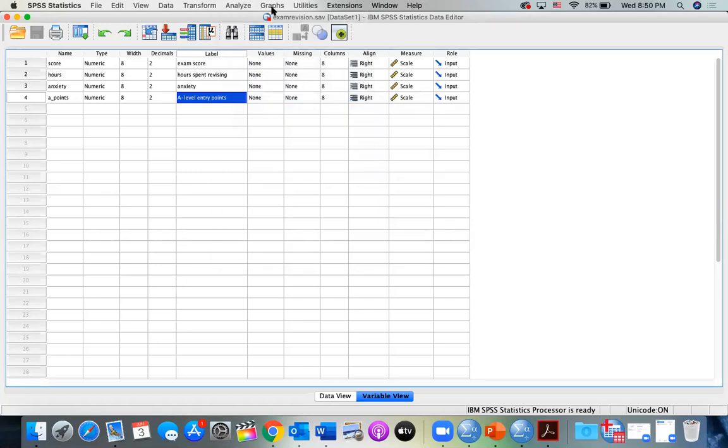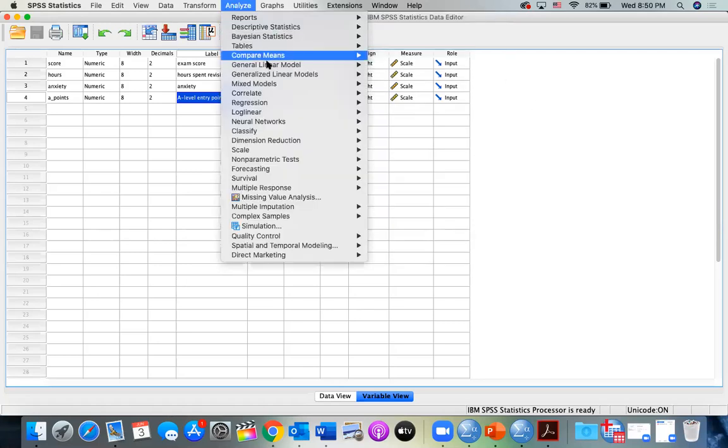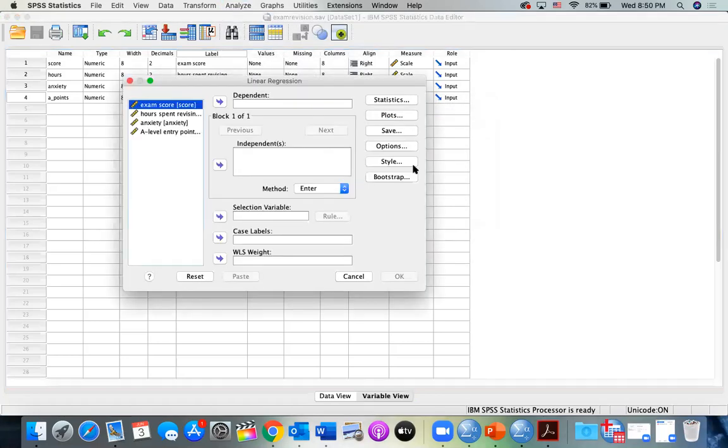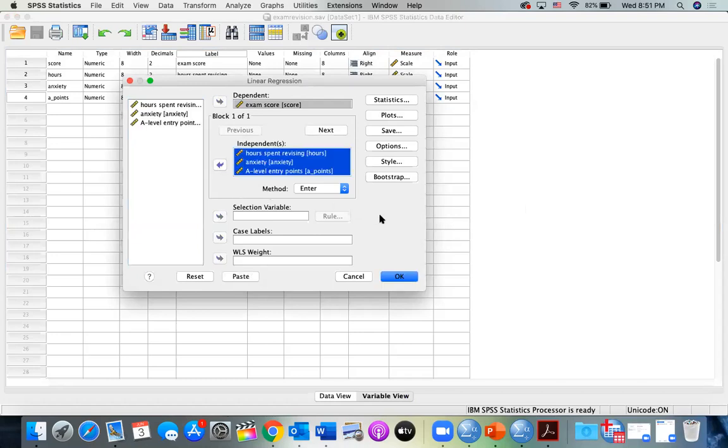Again, just click on Analyze, Regression, and Linear. A linear regression window will pop up, and you want to move exam scores into the dependent box and all other variables into the independent block. So you are going to do this.